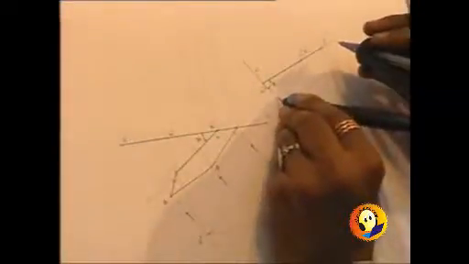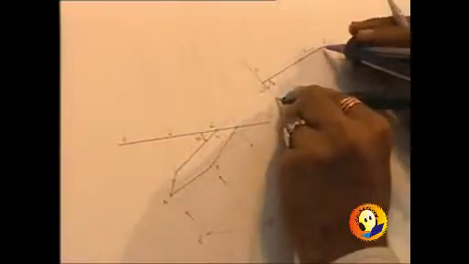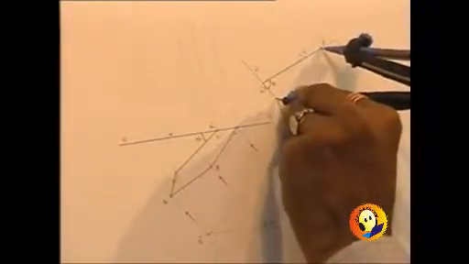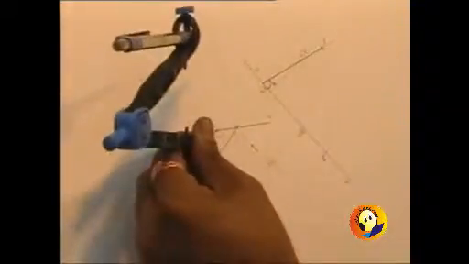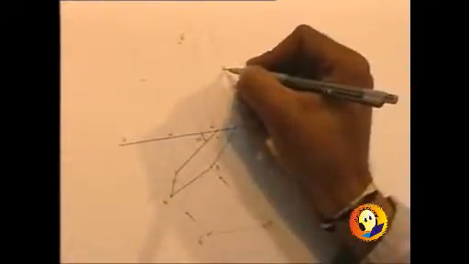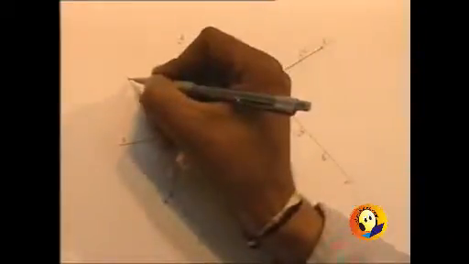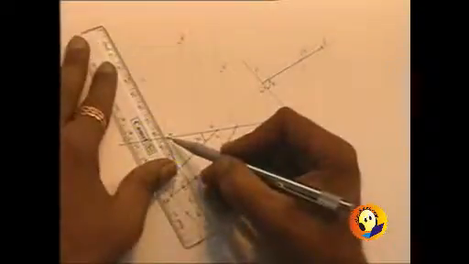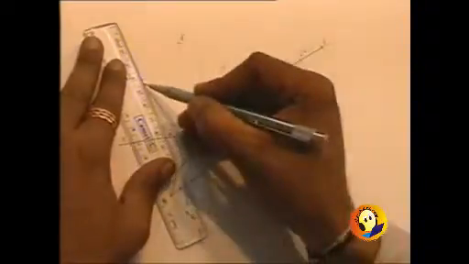For point D, from x1 y1 we will be measuring the distance and marking it on the projector of D. So we get the final position of point D dash, this was C dash, and this was B dash, and they should now be connected. We should be connecting these points to complete the elevation.